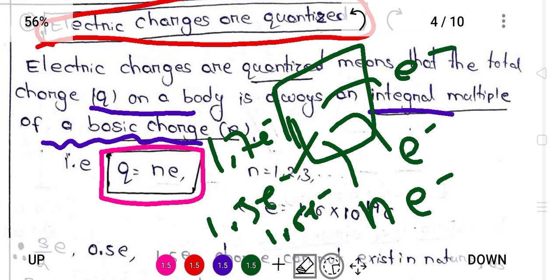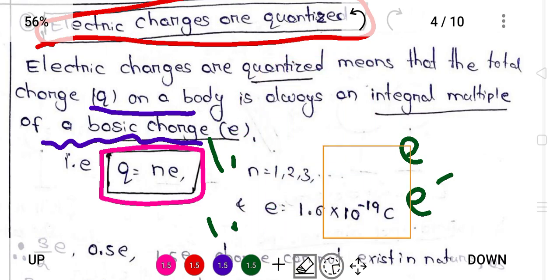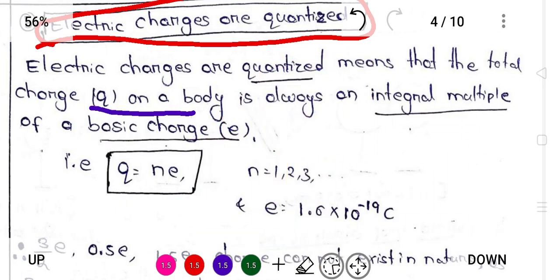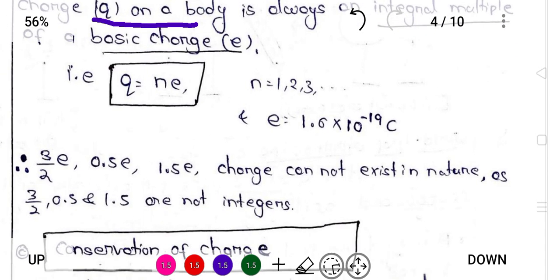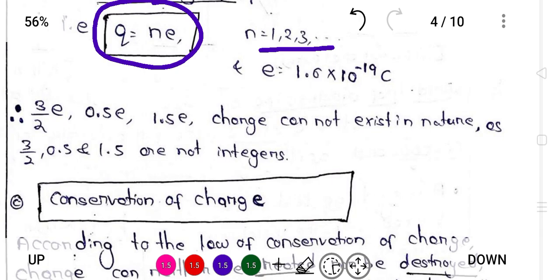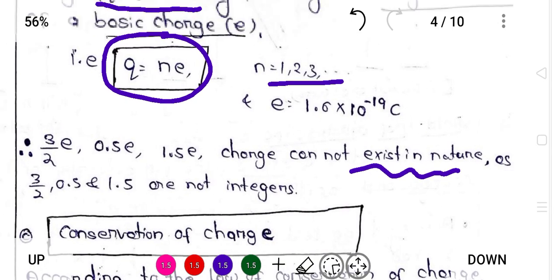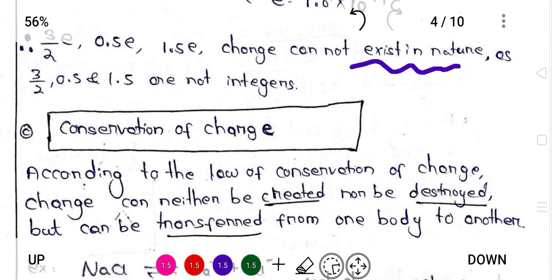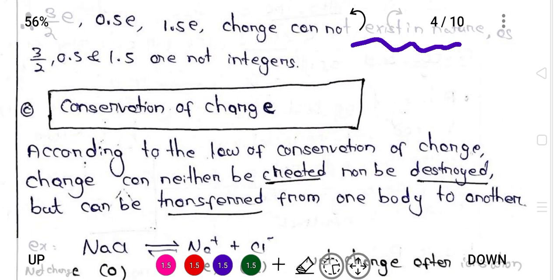So 1e, 2e, 3e, like this, electrons can be transferred from one body to another, where n equals 1, 2, 3. So Q equals n e. Charges like 3 by 2 e, 0.5 e, 1.5 e cannot exist in nature because n must be an integer. So only integral values are possible.